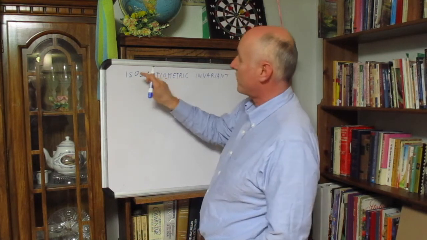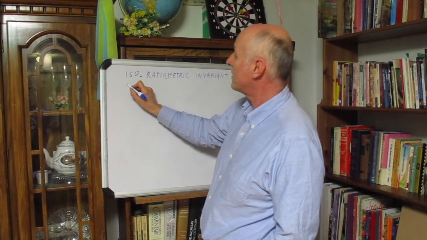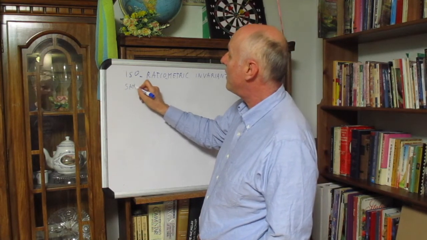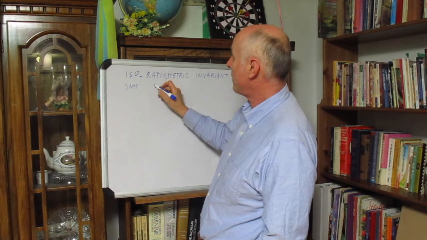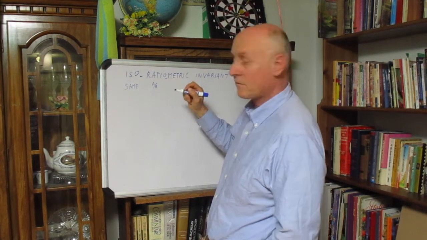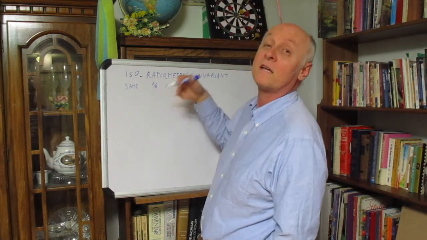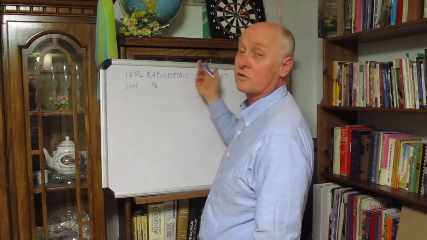Iso ratiometric. Iso, that's from Greek, it means same. Ratio, well, ratio is A over B, something like that. That's a ratio. Metric, that comes from French, metre, it means measure.